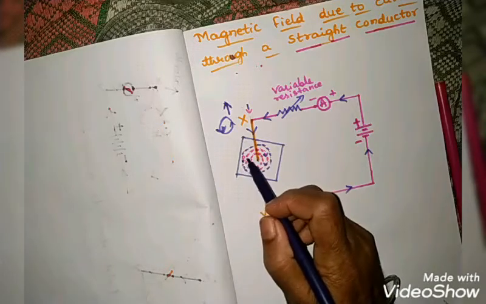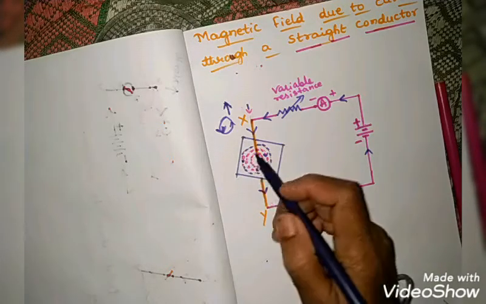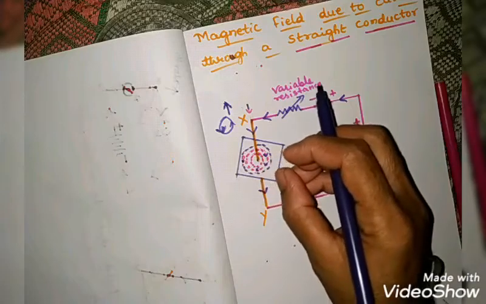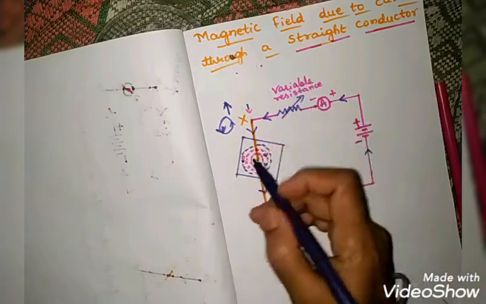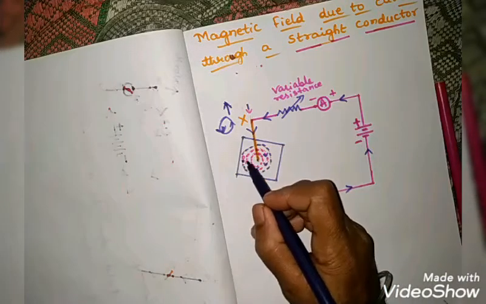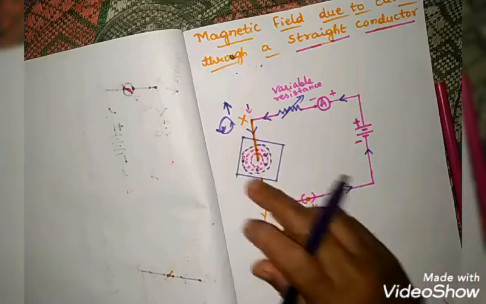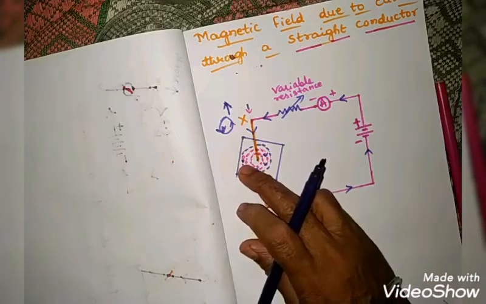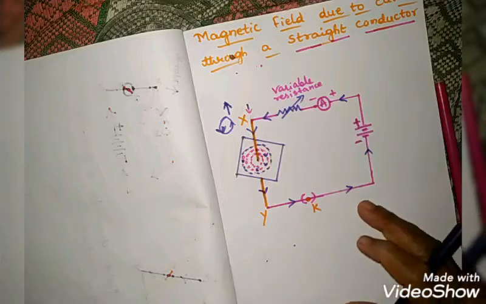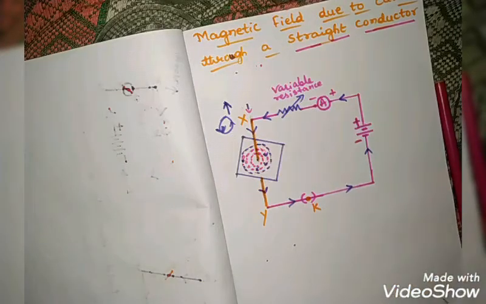We have to keep the magnetic compass needle at that point P and see the deflection. By the deflection of the compass needle, we can identify that there is a magnetic field produced.